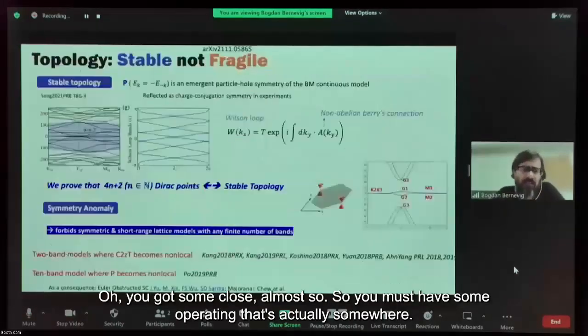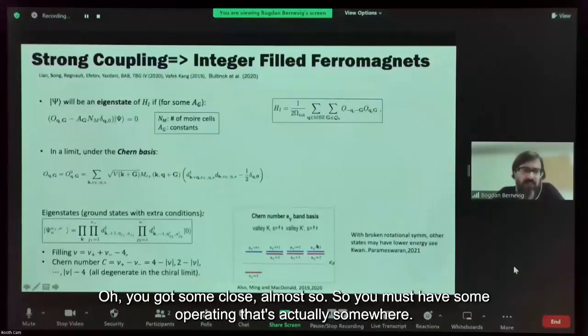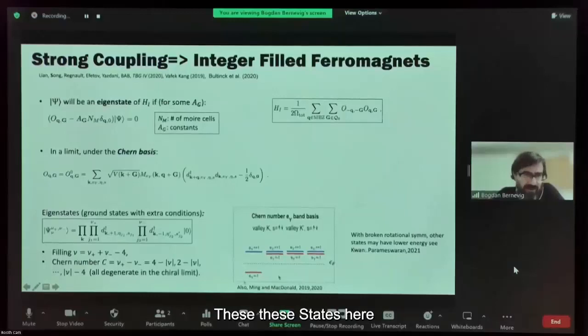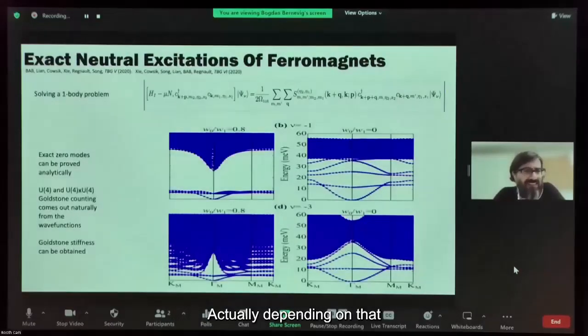That's right. But these states here are ferromagnets, in some large symmetry group. Actually, depending on the parameters, the ferromagnets are U4 or U4 times U4, right? And these are these Goldstone modes. So if they're correct, these states do spontaneously break the symmetries.